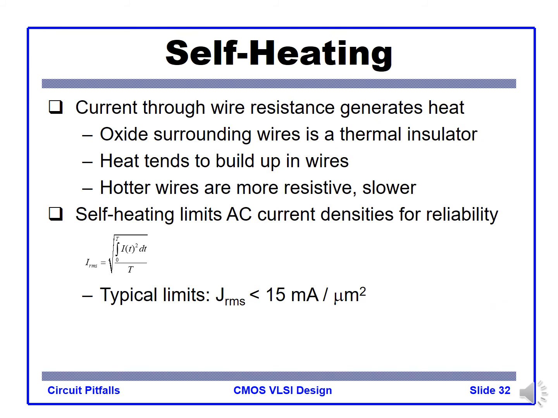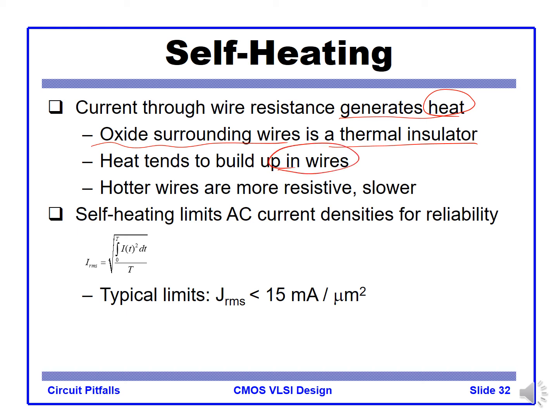Self-heating is another mechanism that limits the maximum amount of current. This time, the AC current. The current through the wire resistance typically generates heat. The oxide around the wire is a thermal insulator, so heat tends to build up in wires.